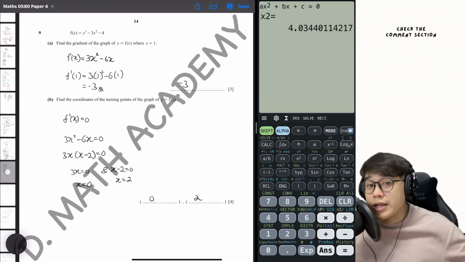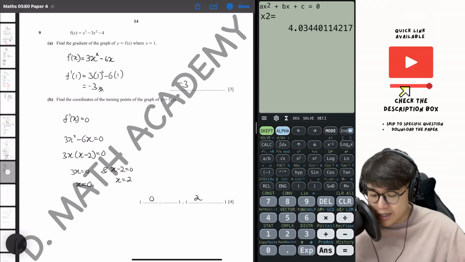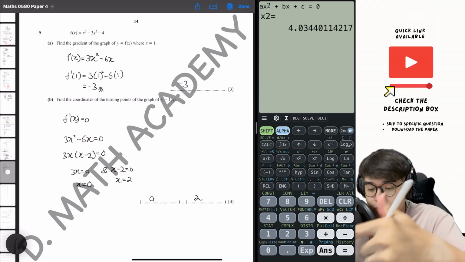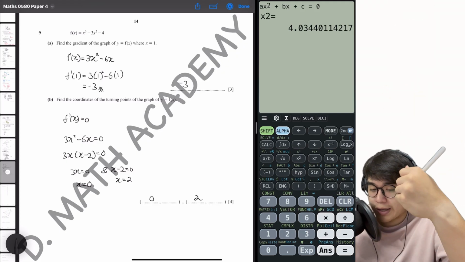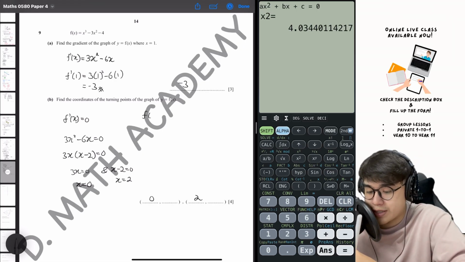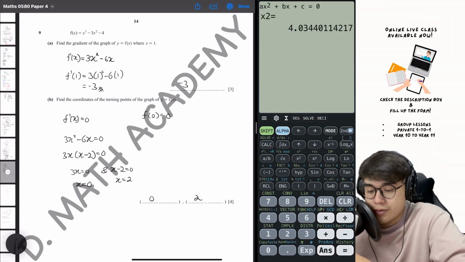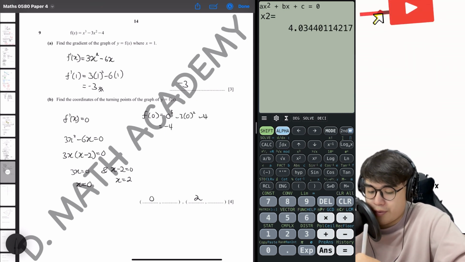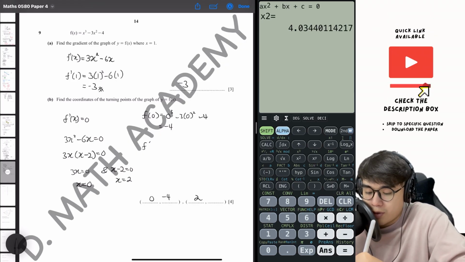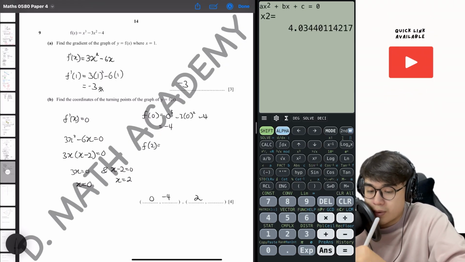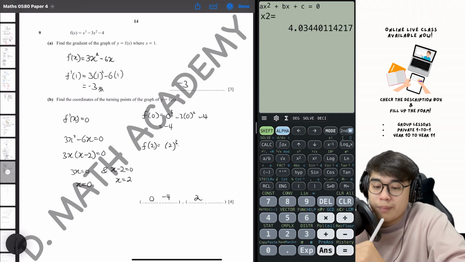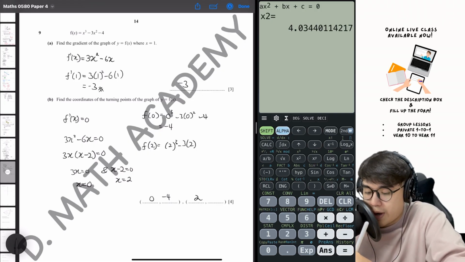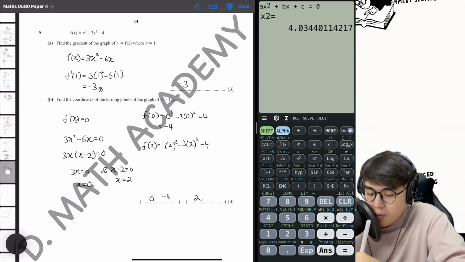Okay, that's not it because they want full coordinates here. So you will have to substitute the 0 and 2 into the function. When it's 0, you get 0 cubed minus 3 times 0 squared minus 4. You get -4. Meanwhile, when you put 2 into it, you will get 2 cubed minus 3 times 2 squared minus 4.